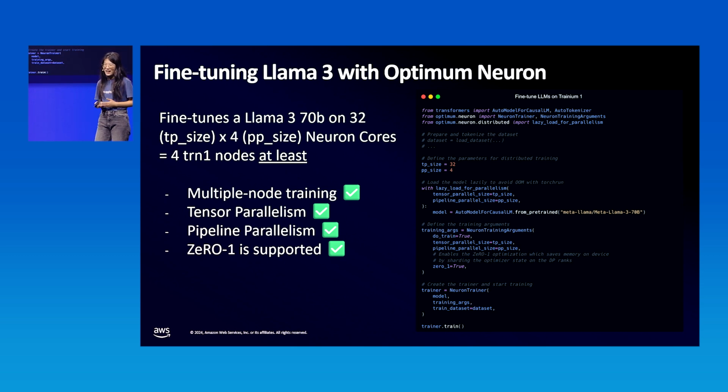So for now, I have talked about a lot of distributed training features. It might sound a little bit complex and perhaps a little intimidating. But no worry, because the goal of Hugging Face Optimum Neuron is to manage all of those complex distributed loops for you through a Neuron Trainer. Let's break down those distributed features, feature by feature, to see how we can enable them.